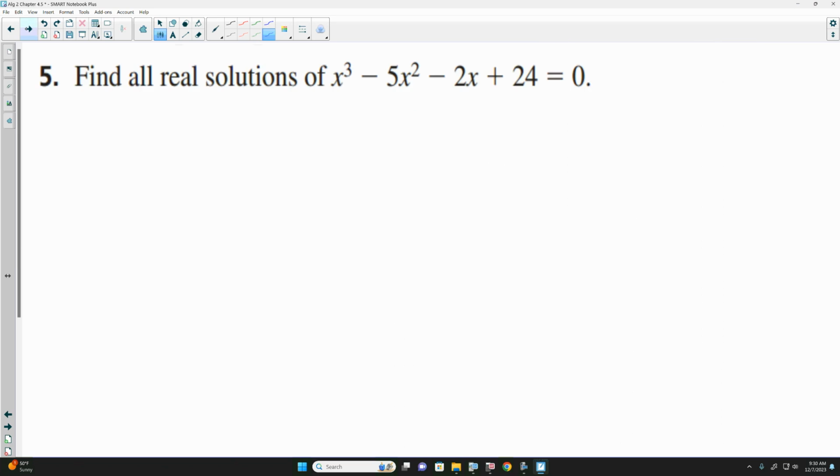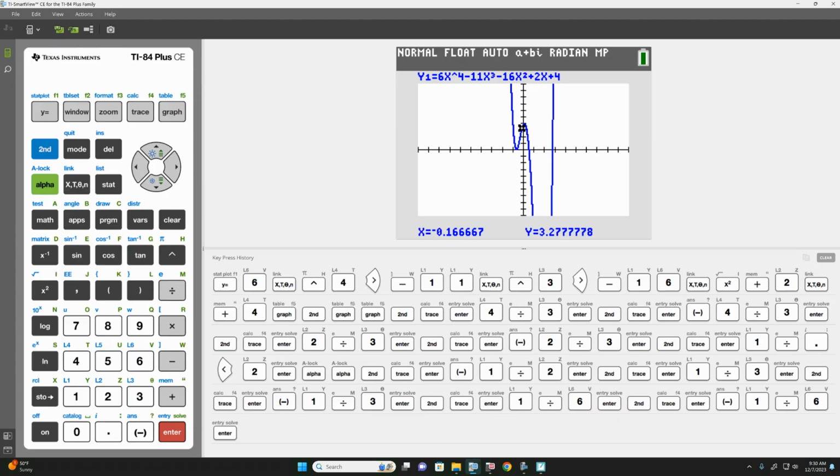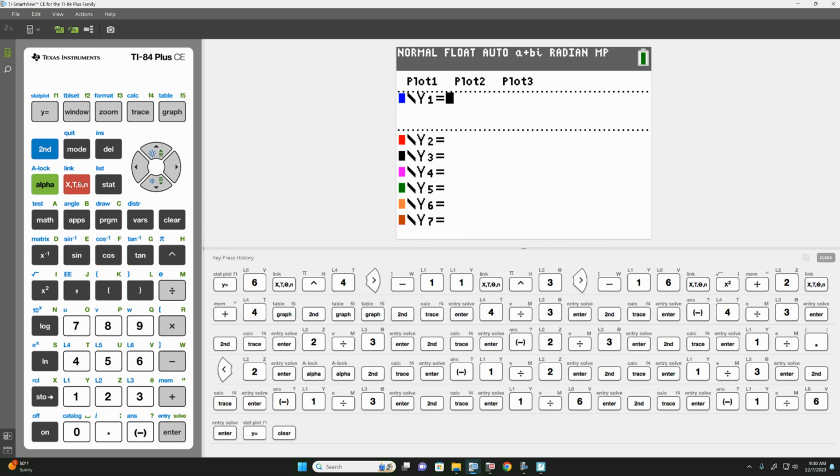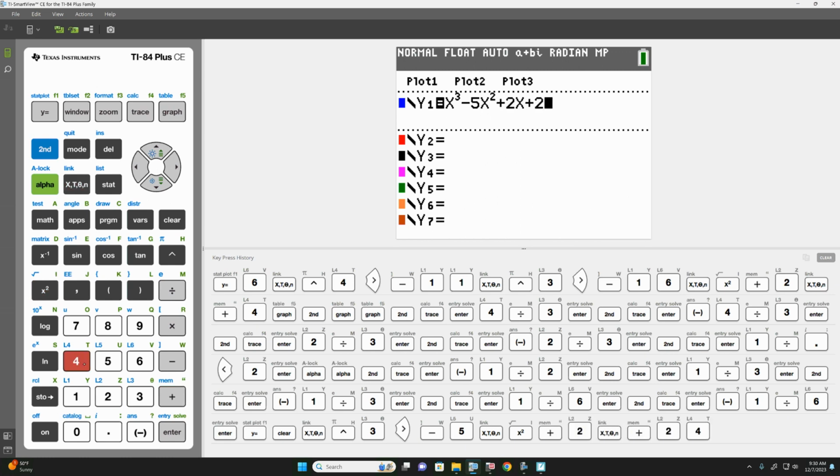Let's look at this one here next. x cubed minus 5x squared minus 2x plus 24.